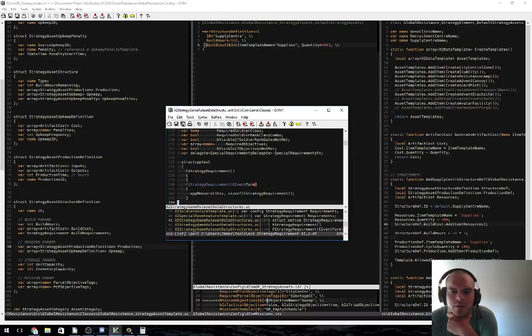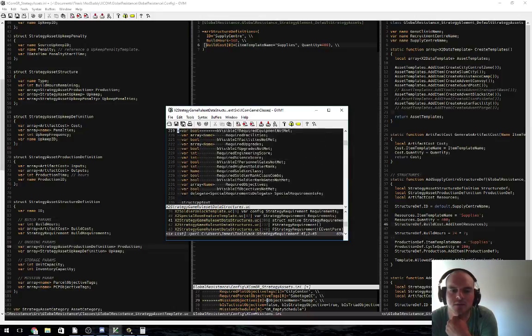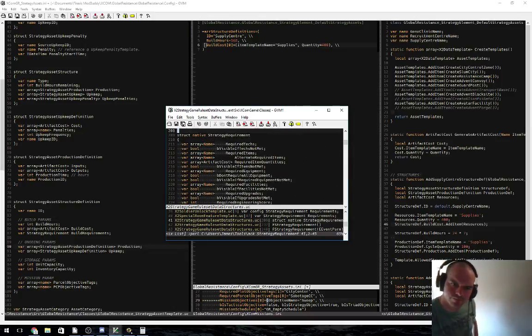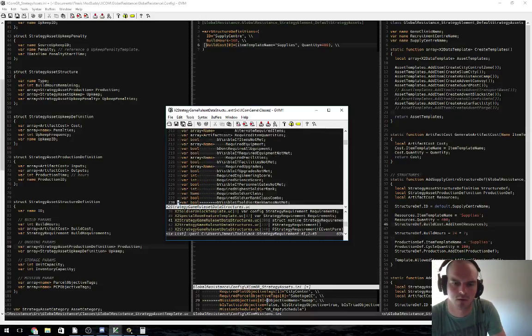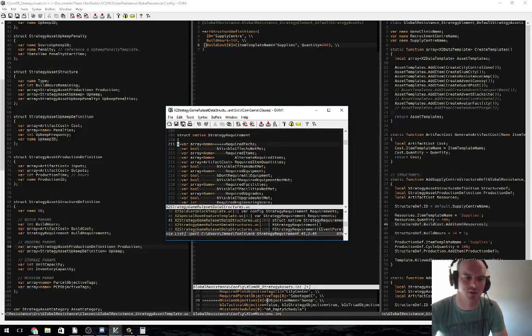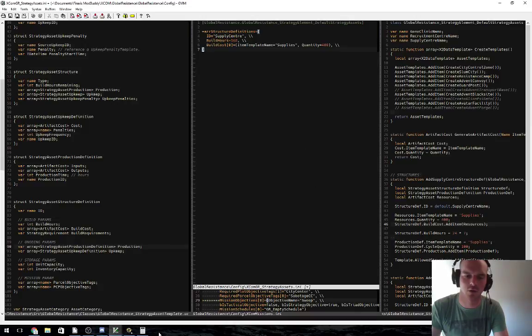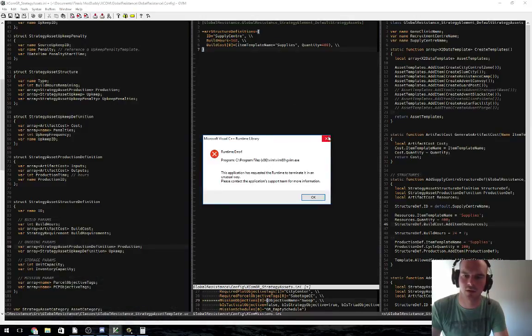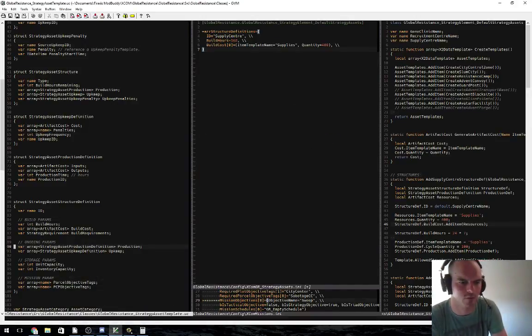We can probably do that without the... Yeah, right. We might not be able to make use of it just yet. I might just take out the strategy requirement stuff for now, and we'll figure that out when we get to it. I still want to do this config stuff, because I think it's better if I can do it that way.